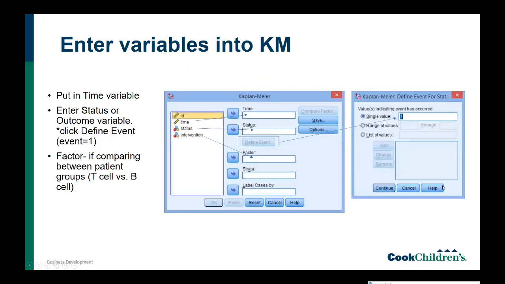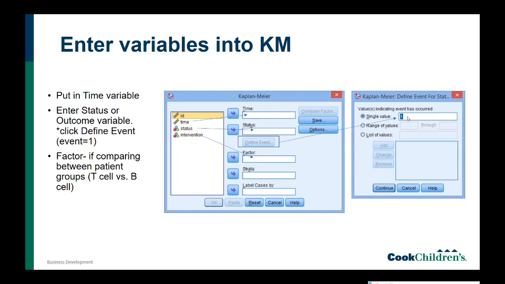And then these dialog boxes are going to pop up. So first, this seems so silly, you're going to put your time in your time variable. You're going to put your status in your status variable, right? Your status is your outcome event variable. Once you enter your status, this Define Event box will highlight, and you'll click that and it'll open this box on the right, and you'll have to enter what you defined your event as.